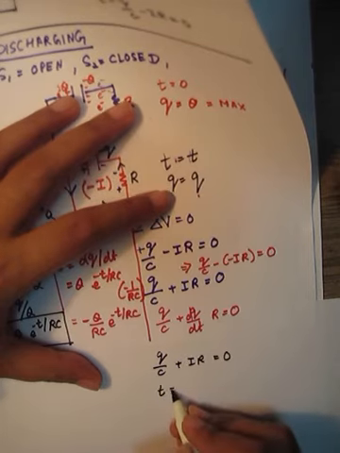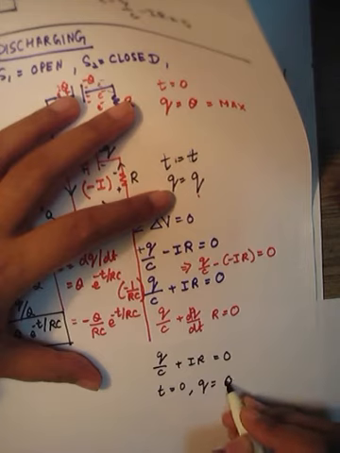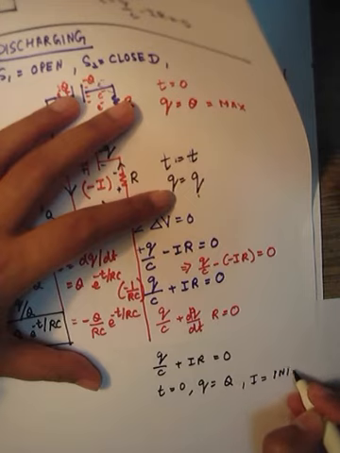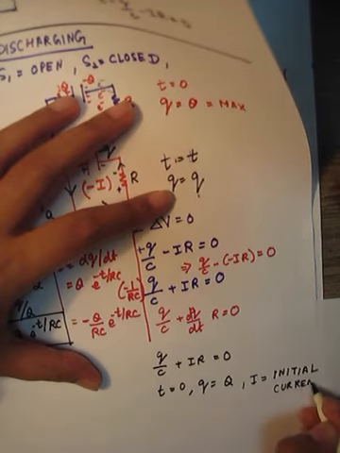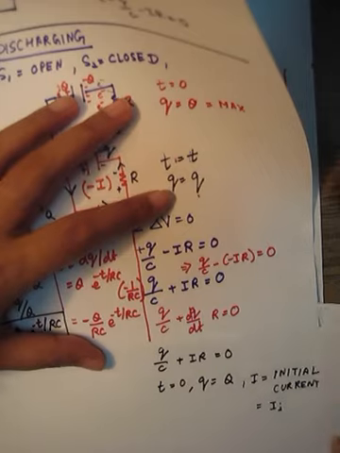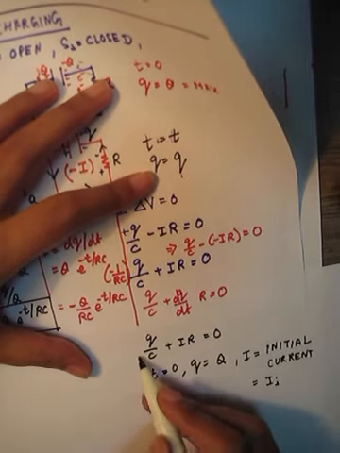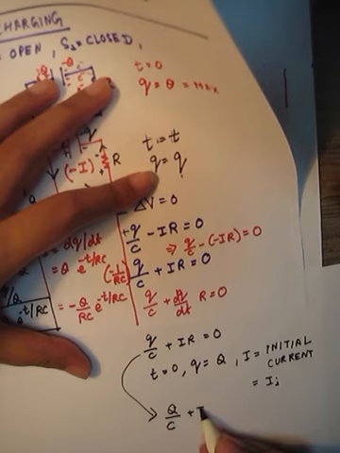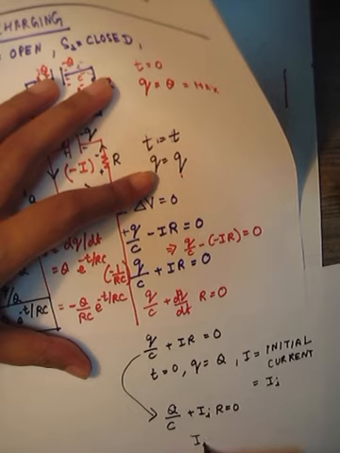Now when time is 0, charge is the maximum charge and the current will be the initial current, whatever it is. And we can write it by a symbol I with a subscript small i. So then this equation will turn out to be capital Q upon C plus initial current into R is equal to 0. So the initial current can also be written as minus Q upon RC.